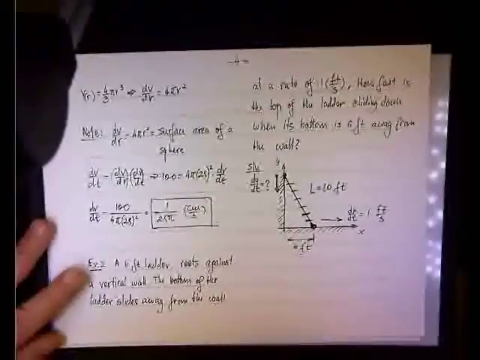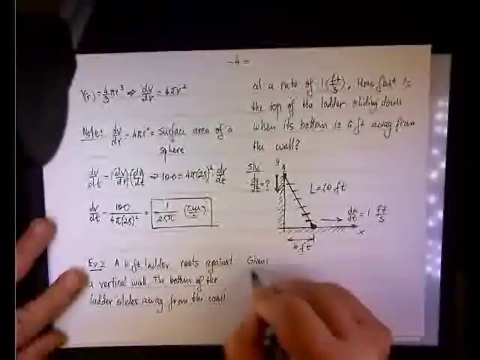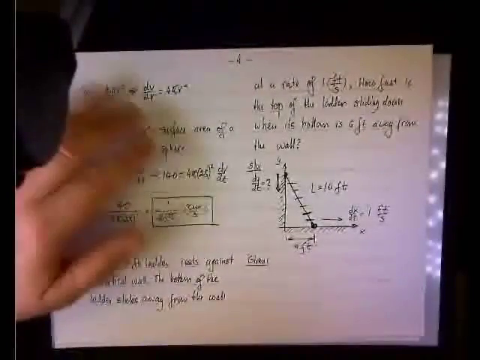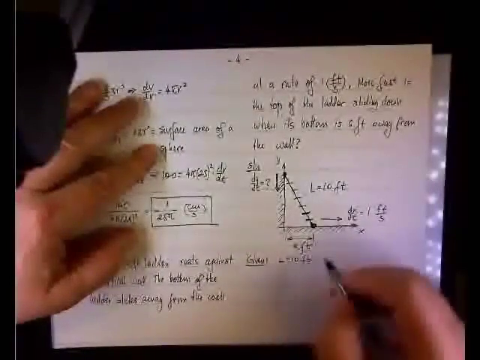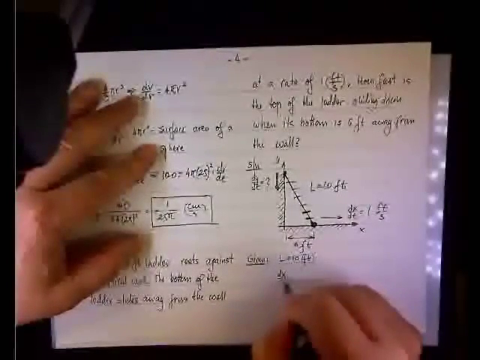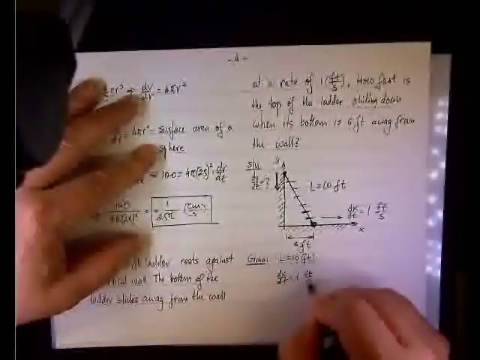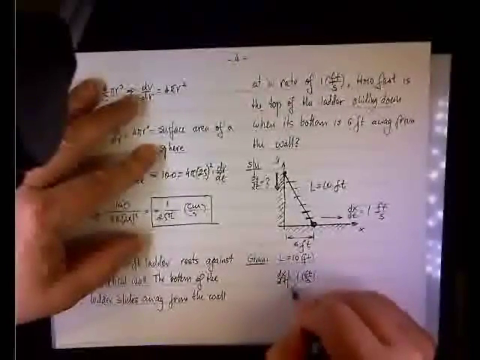Okay, so again, this is a word problem, so I want to start with what's given, and then what is it that we need to find? Well, the length is 10 feet. This is given to us. Also given to us is dx dt equals 1 foot per second, and this is dx dt when x equals 6.